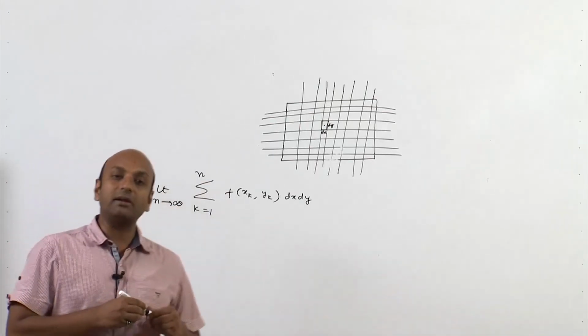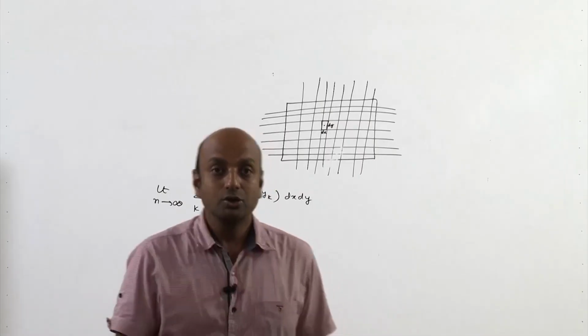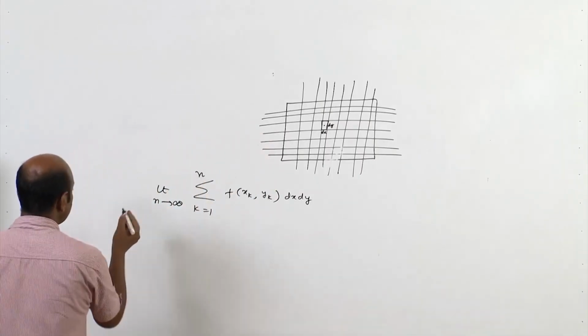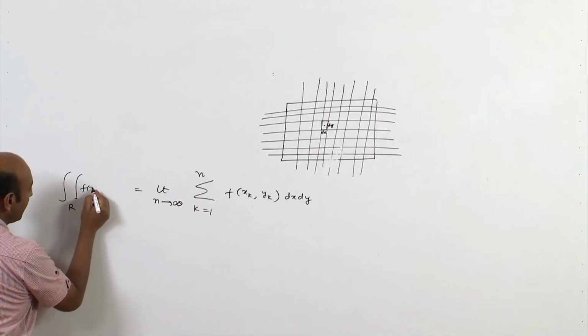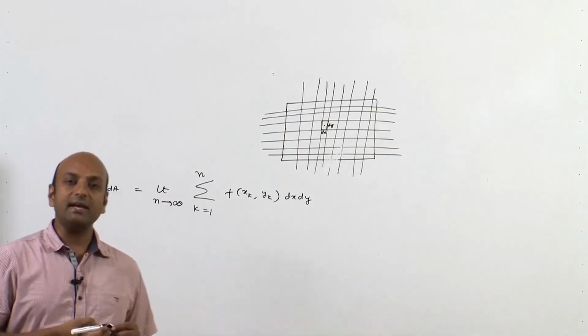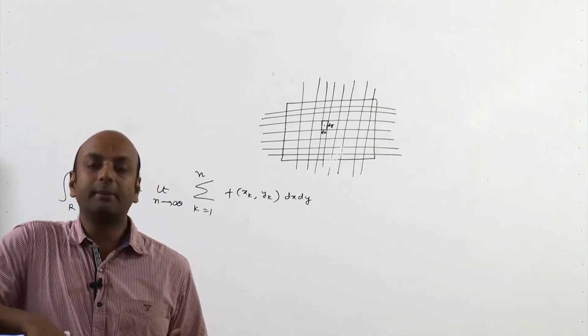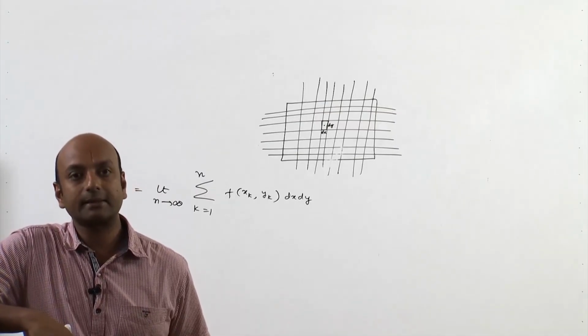That means you are taking the strips smaller and smaller. So this will converge to the double integral over rectangle R of f(x,y) dA. dA may be dx dy or dy dx. So this will be the double integral f(x,y) dx dy or dy dx.